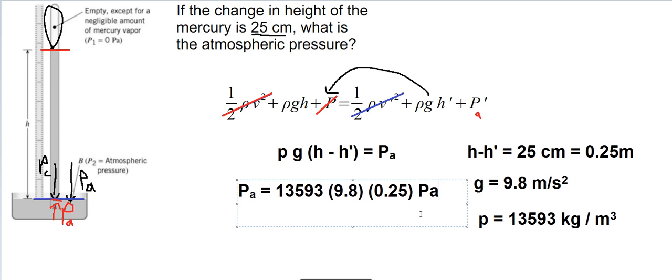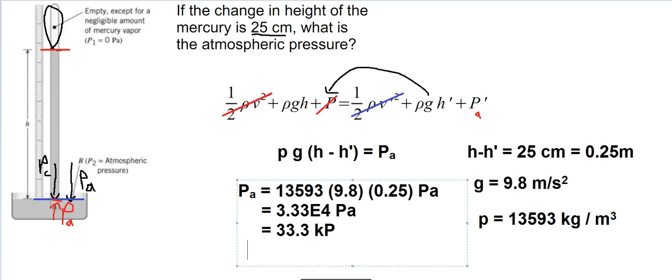Now, you can multiply these all together, and if you do so, you get 3.3 times 10 to the fourth pascals, and if you want, you can convert this to about 33.3 kilopascals, or if you're a fan of millimeters of mercury, 250 millimeters of mercury, like so.